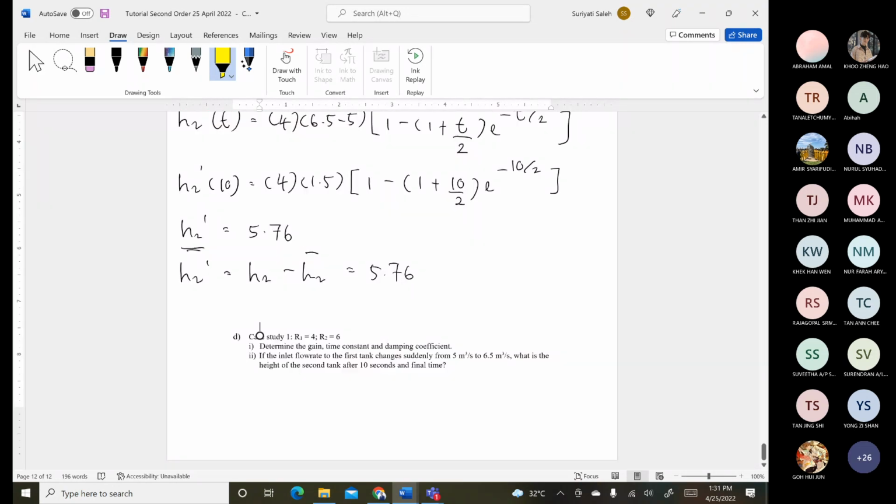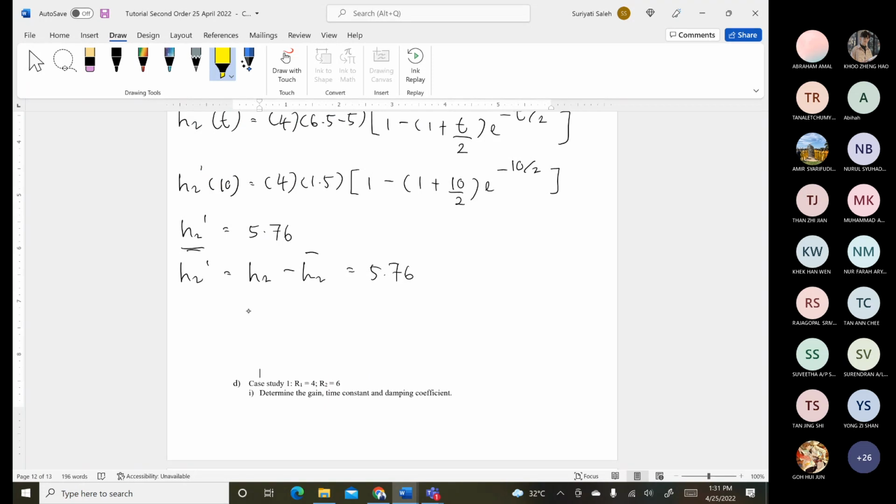So we substitute the value of H2 bar: H2 minus 2.5 equal to 5.76.